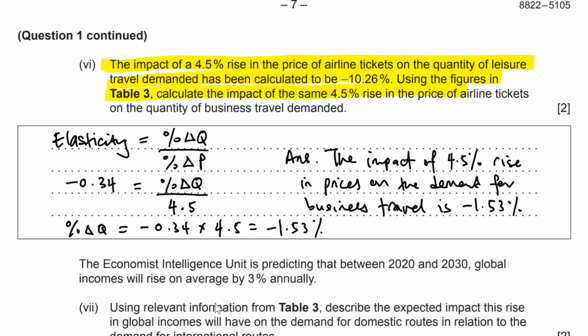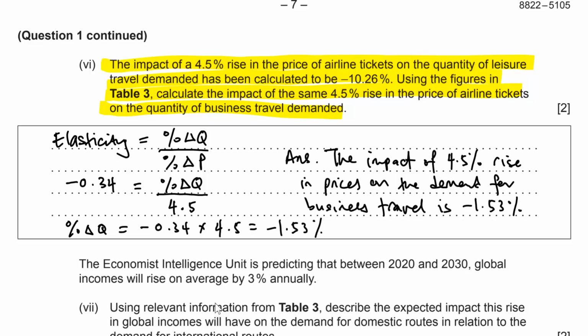The impact of a 4.5% rise in the price of airline tickets on the quantity of leisure travel demanded has been calculated to be minus 10.26%. Using the figures in Table 3, calculate the impact of the same 4.5% rise in the price of airline tickets on the quantity of business travel demanded.